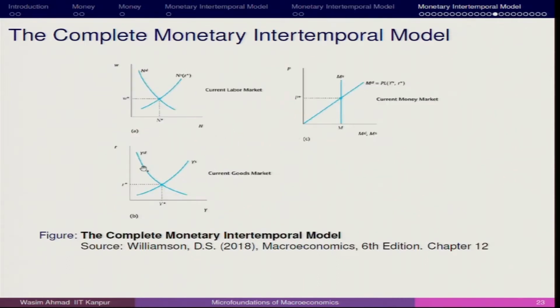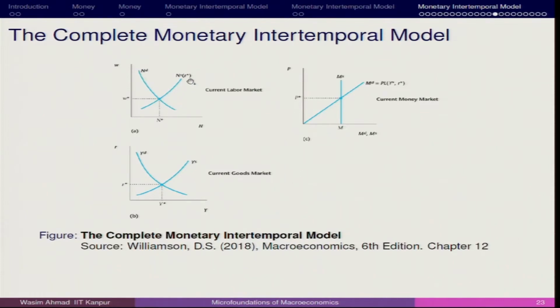In this setup, we are looking at the demand and supply of output. Here we are talking about the goods market, labor market and money market, all in the current period. Their intersection decides the equilibrium real interest rate and corresponding output.